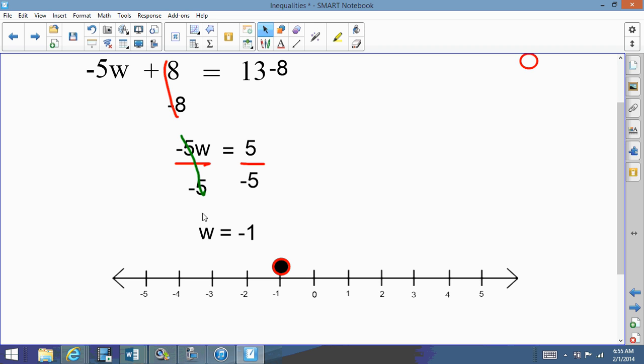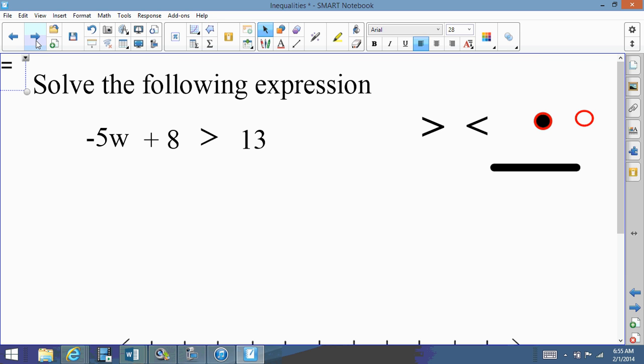So we still did everything to balance out, but let's see how that affects the same expression when I put a greater than sign there. Well, we know already that the answer is w would be greater than negative 1, because we just did the same problem a second ago.